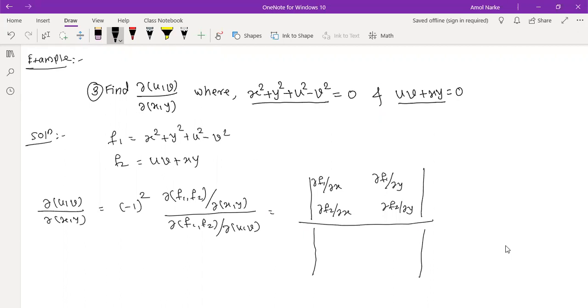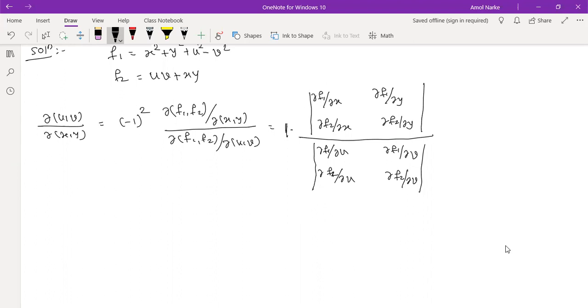Partial derivative of f1 with respect to u, very good, and here partial derivative of f1 with respect to v, partial derivative of f2 with respect to u, partial derivative of f2 with respect to v. Now put the values in here. Minus 1 squared becomes 1, so I can write 1. Sometimes it becomes minus, but sometimes it is 1. Now tell me, what is the partial derivative of f1 with respect to x?